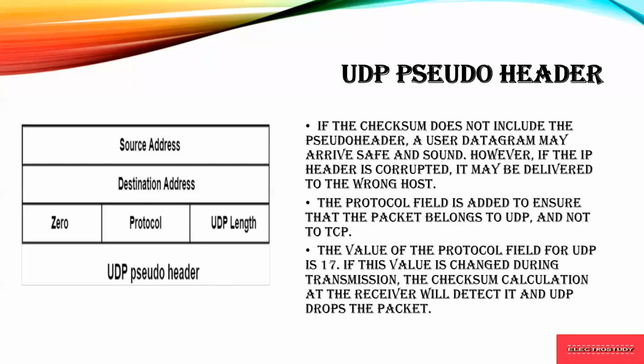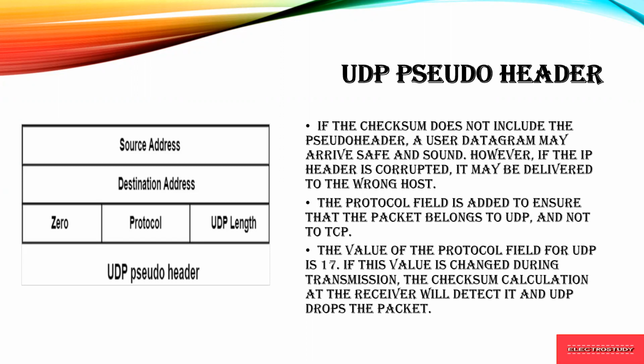And in the user datagram, you could see another header called the UDP pseudo header. What this UDP pseudo header does is check whether all the datagrams or packets formed at one end reach the destination perfectly, with no error or loss.